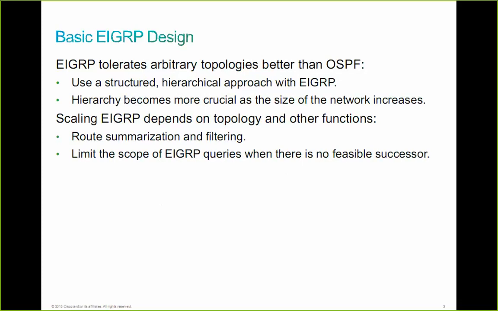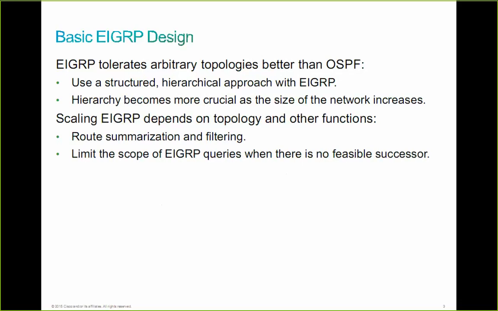EIGRP is a distance vector protocol, so it doesn't have complete visibility or a complete picture of the network like you might see with OSPF, with a link state protocol. So you might see longer convergence times. You might see instability in the propagation of queries and how queries get sent to the rest of the network and so on.